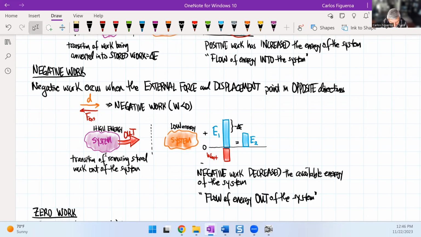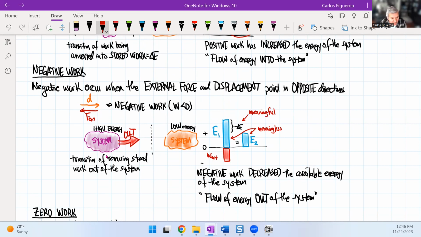So once again, this energy E2 and this energy E1 are meaningless. The only thing that's meaningful is this change in energy.